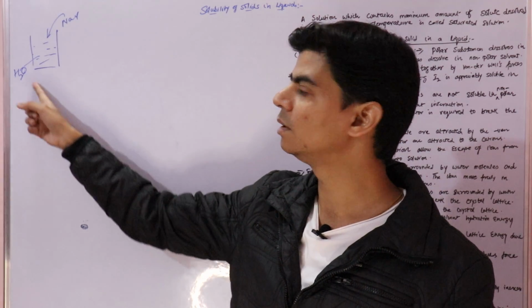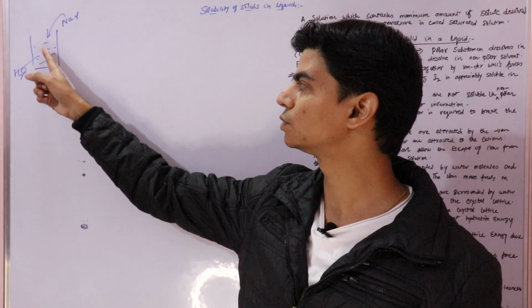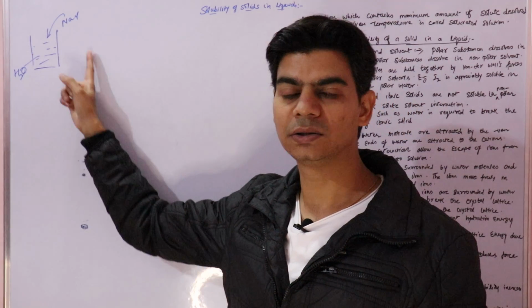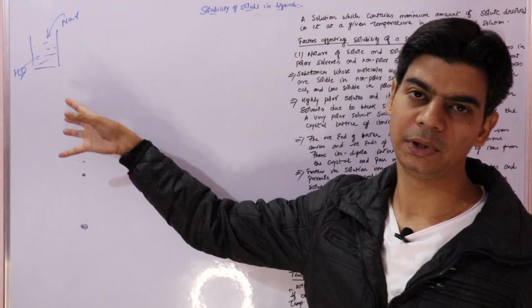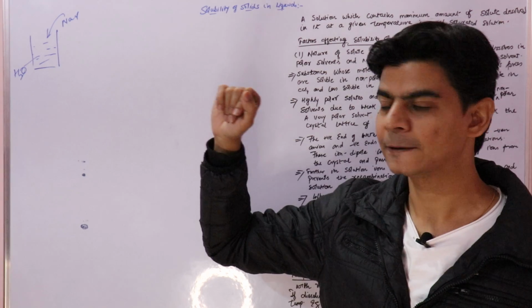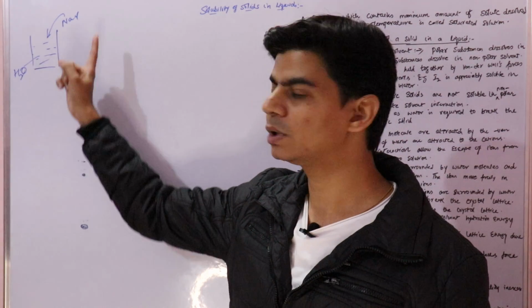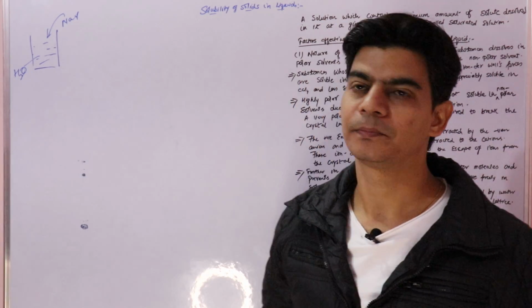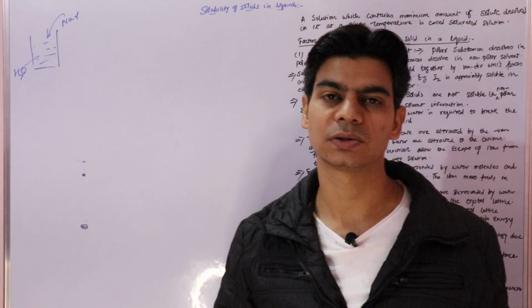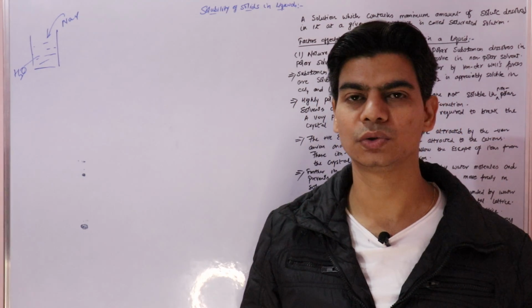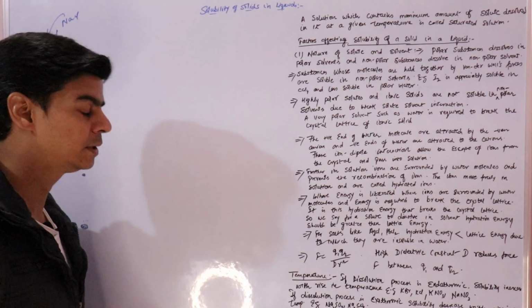At that point we have a saturated solution, and the maximum amount of sodium chloride in solution at that point is the solubility of sodium chloride. The solution before reaching its saturation point is unsaturated. We are already aware of these things from our previous classes, about the definition of solutions, and what saturated and unsaturated solutions are.